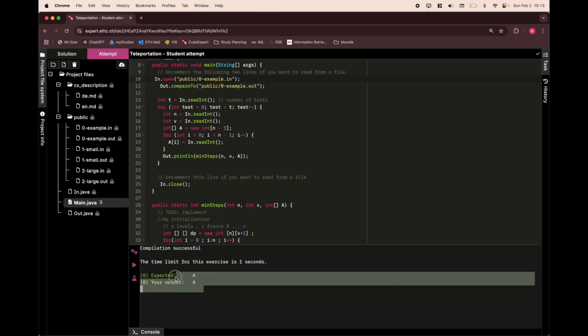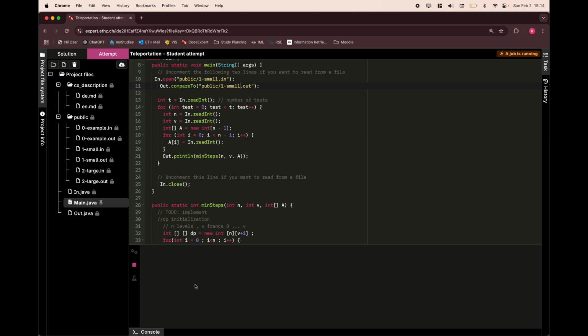You can basically see what was accepted and what was my output. You can also change the name of these files. So let's test with the small one now.